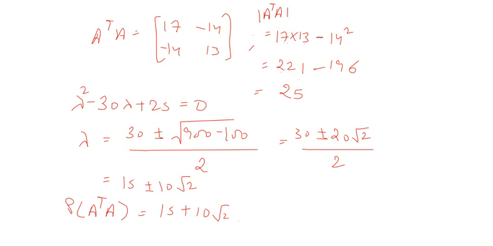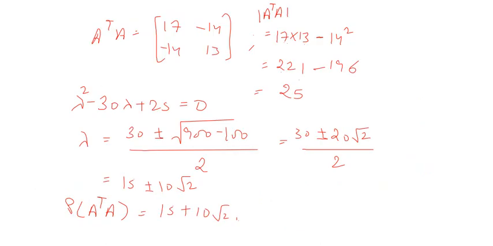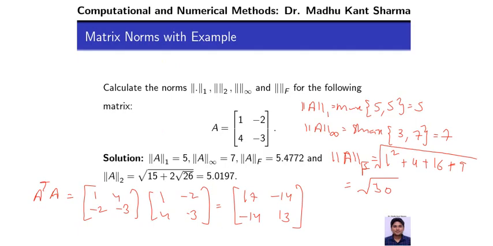Right, so we will see if we are fine with this. So that is the 2 norm, and you can find out the relation between the 2 norm and the Frobenius norm.